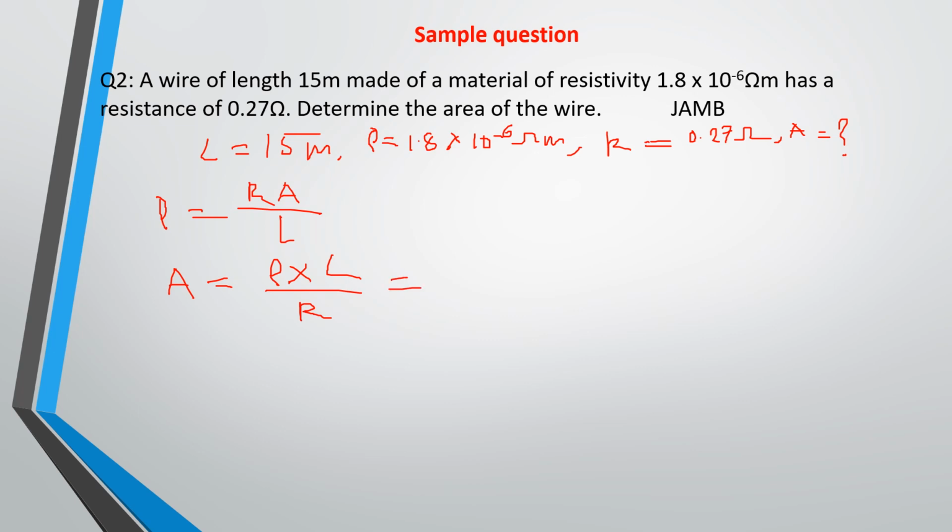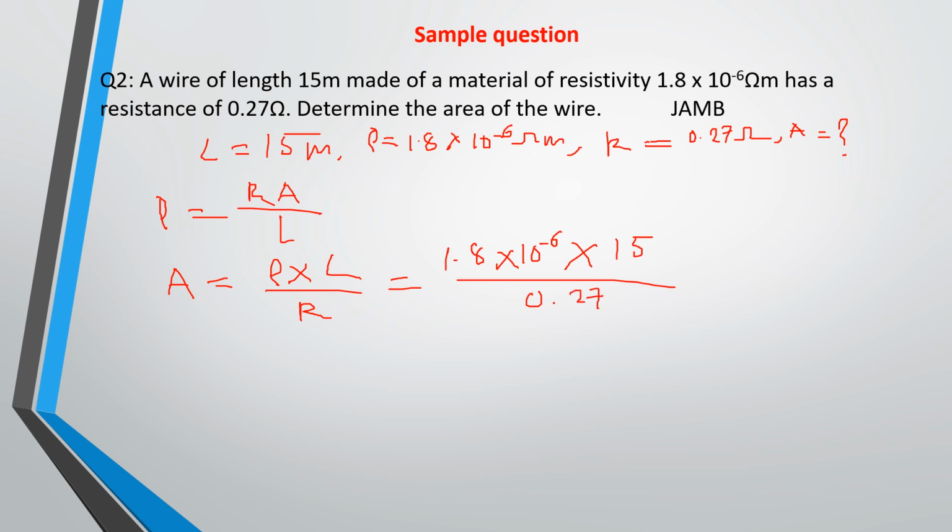Okay, so just substitute into this equation. You have 1.8 multiplied by 10 raised to power minus 6, multiplied by the length, which is 50 meters, divided by the resistance, 0.27.